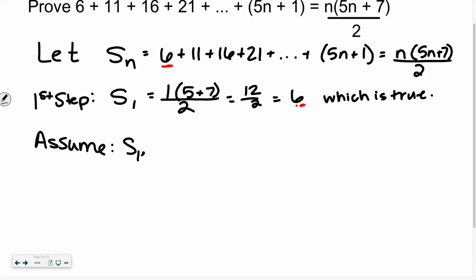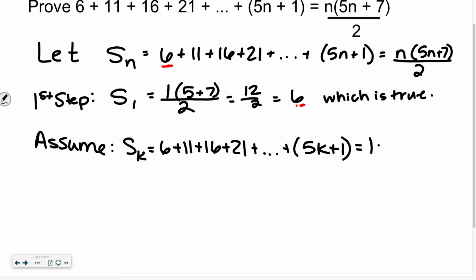So we're going to assume s of k is 6 plus 11 plus 16 plus 21. Here's my first substitution, 5k plus 1, because I changed my n to a k, and that equals, here's my next substitutions, k times 5k plus 7 all over 2. I didn't do any math other than a substitution. So I let n equal k.